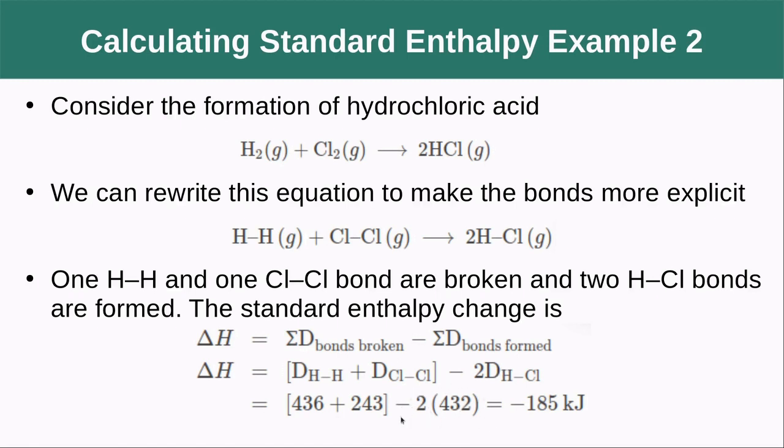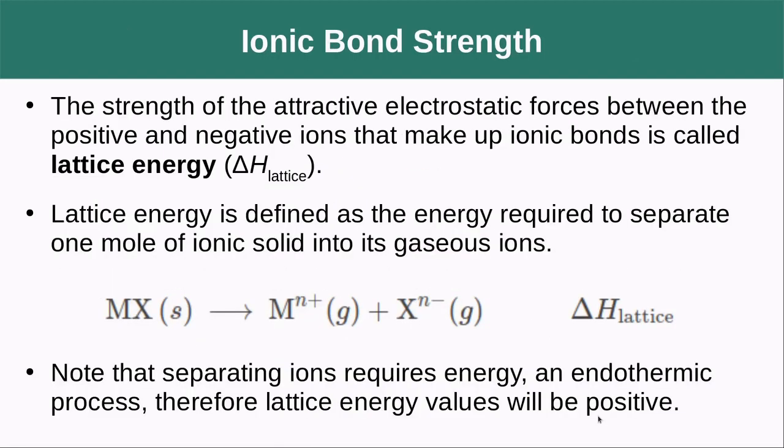Notice that we didn't change the sign of any of the bond energies. We just inputted them into the formula and multiplied by how many there were, and we wind up with a negative value of negative 185 kilojoules. So we could expect this to be a spontaneous reaction, to happen all by itself and release energy.